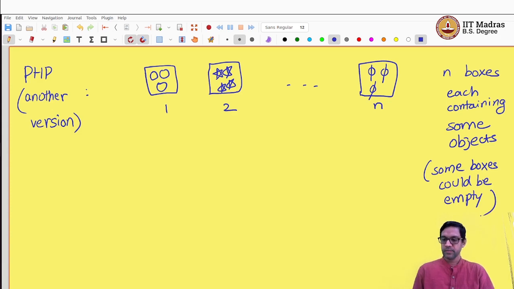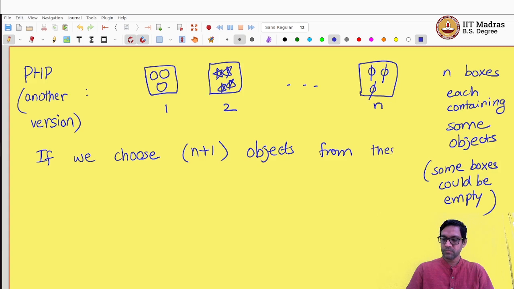Given this very general situation, suppose I do the following: I pick or take n plus 1 objects from these boxes, in any possible way. You may pick lots of objects from one box, a few from another, nothing from some other box, and so on.